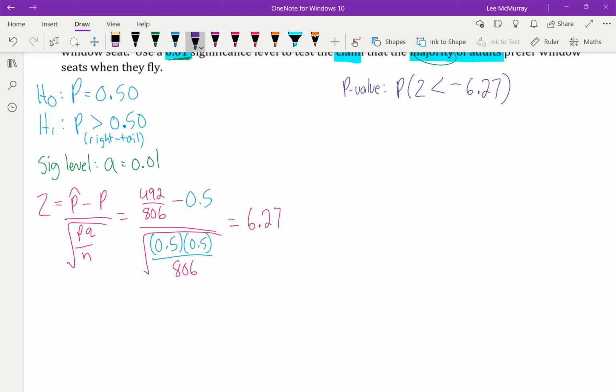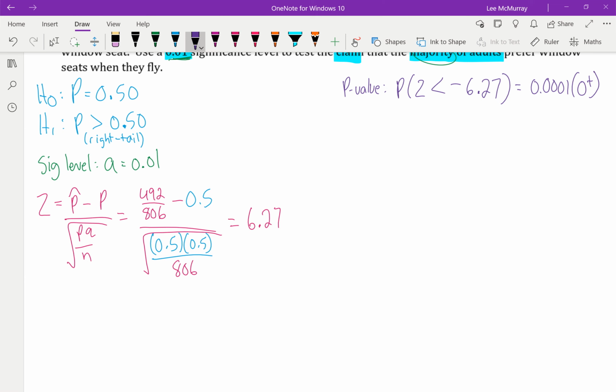We don't want anything above that, which we would get with a positive Z score. So we're taking the negative automatically, and that's going to equal 0.0001, or we could call that 0 plus. We know it's really close to 0, but it's not 0, so either one of those would be sufficient answers.